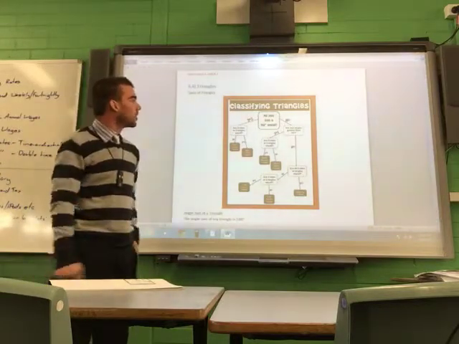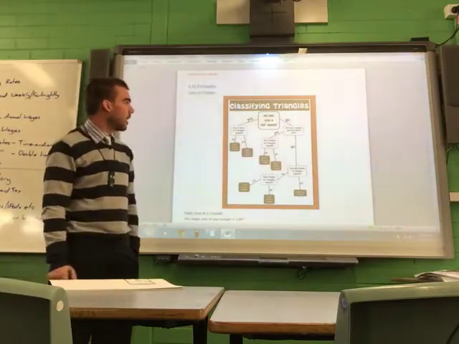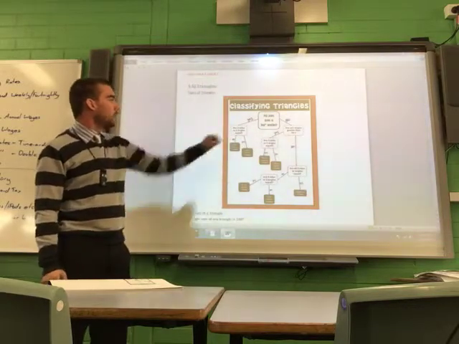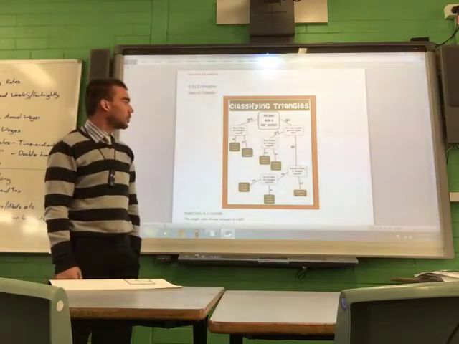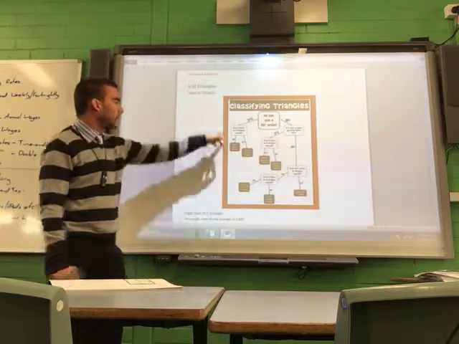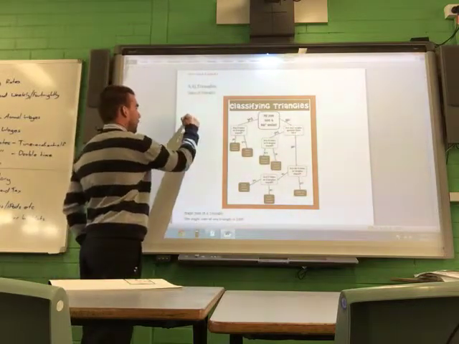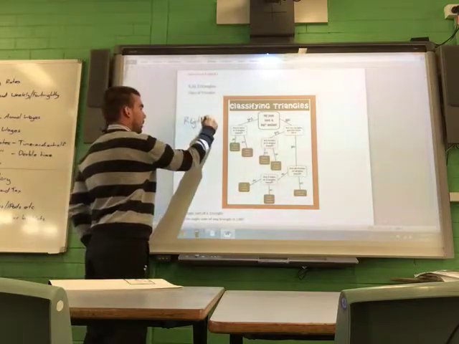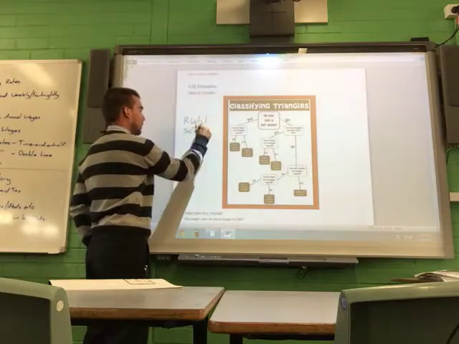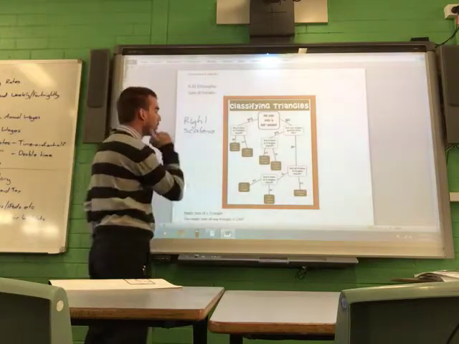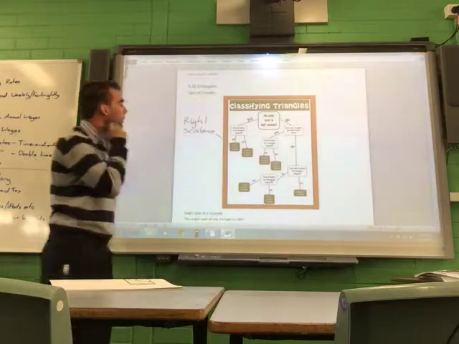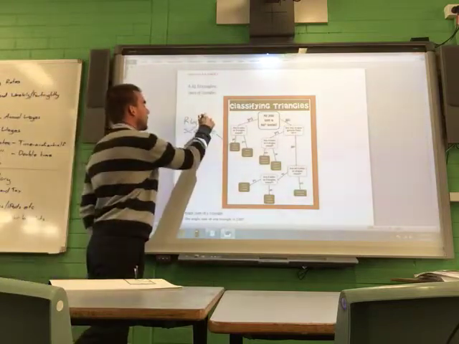So the first thing we need to look at is the right angle. Yes and no. If we have a right angle, are the two sides or the two angles equal? If they're not, they are a right scalene. Okay, that's that box there.